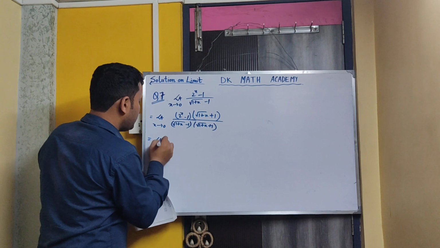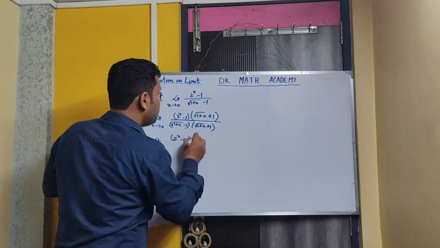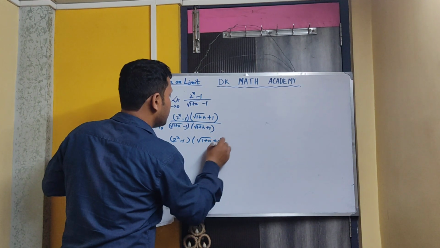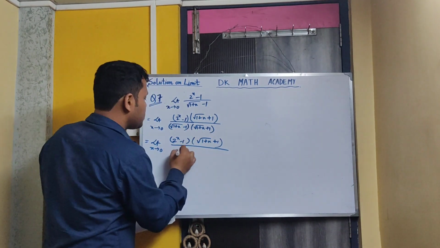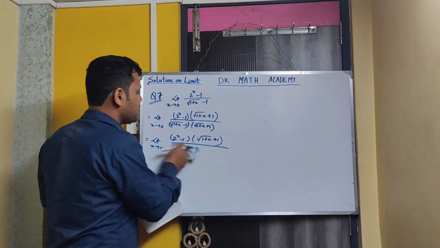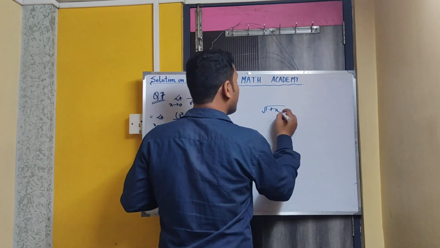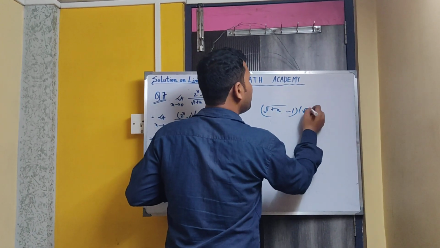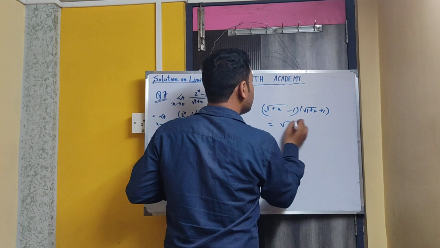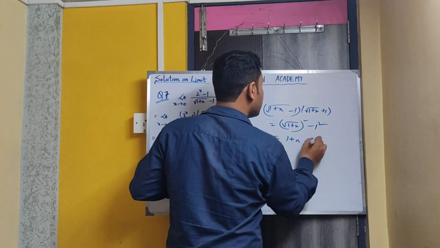So limit x tends to 0, 2 to the power x minus 1 into root over 1 plus x plus 1. It becomes 1 plus x minus 1, that means x, because root over 1 plus x minus 1 into root over 1 plus x plus 1 is root over 1 plus x whole square minus 1 square, that means 1 plus x minus 1.